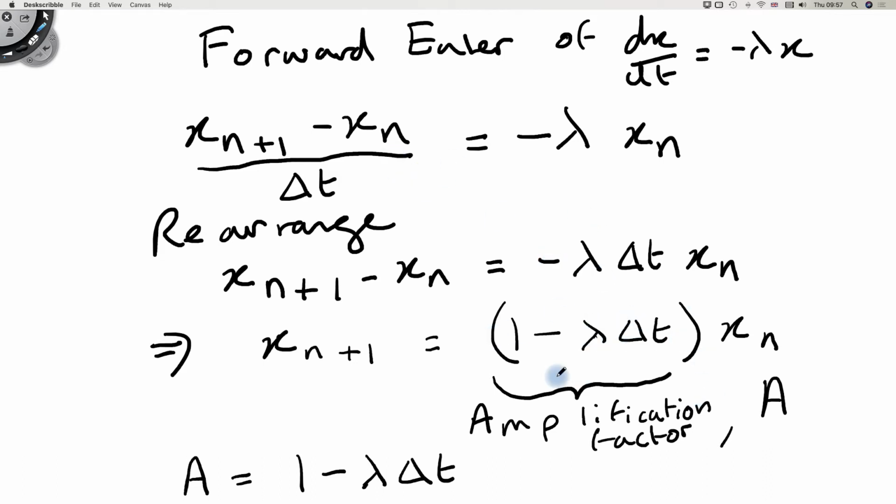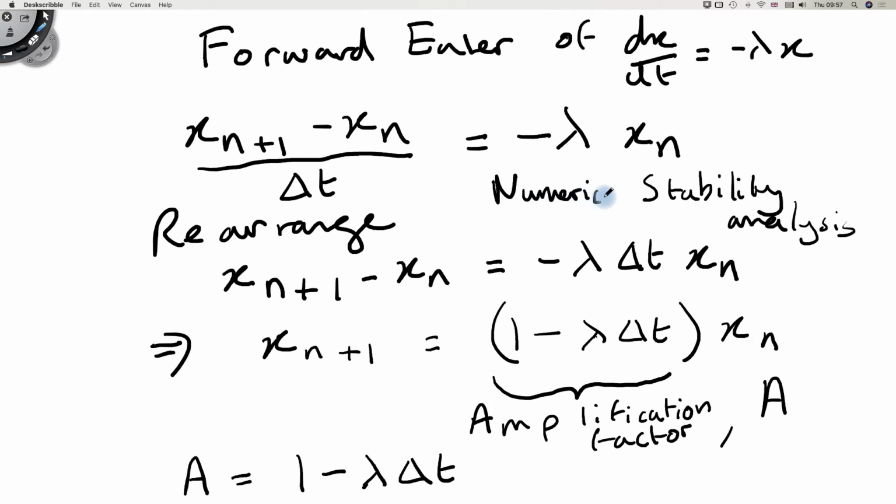So we've got this thing called the amplification factor, 1 minus lambda delta t, and this is key to stability analysis. So what we're doing here, let me just write it out, is stability analysis. Strictly speaking, it's numerical, because there's other sorts of stability analysis in applied mathematics.